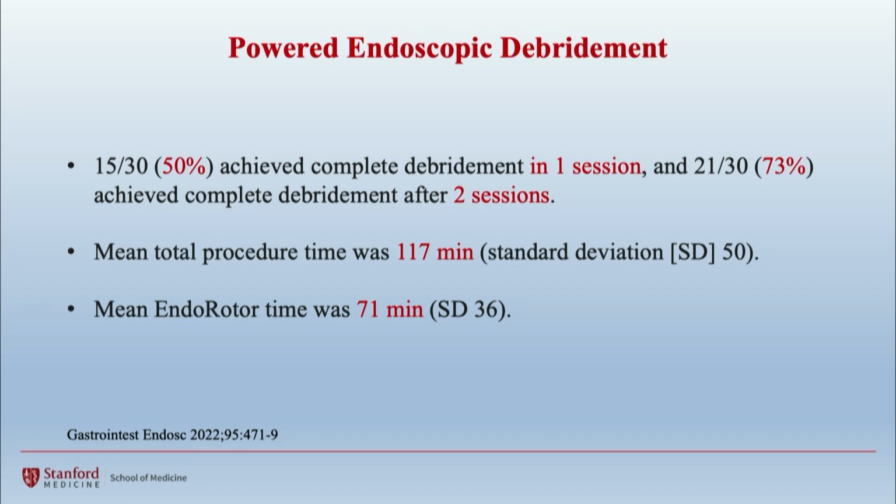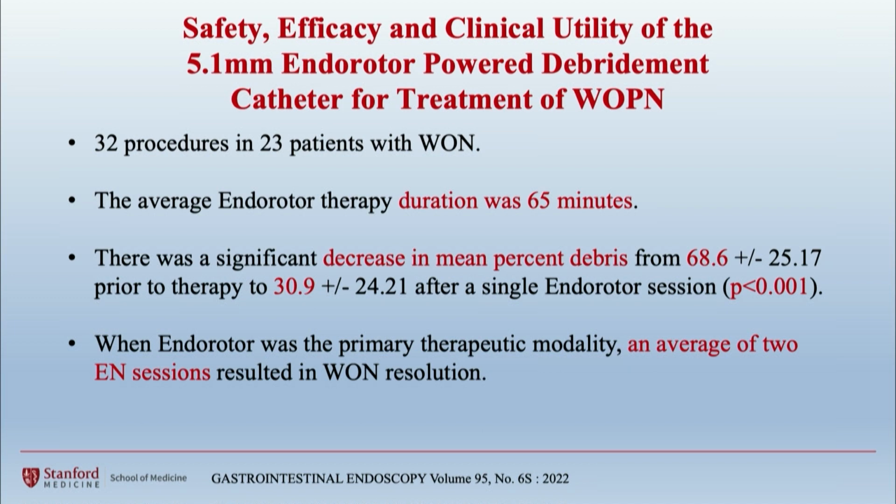In this study, the procedure time was about 117 minutes, and 50% of the cases had complete debridement in one session, and 73% in 2 sessions. These were really large collections. They used a 3.1 millimeter catheter. Currently, there is a 5.1 millimeter catheter that is more effective in treating these collections.